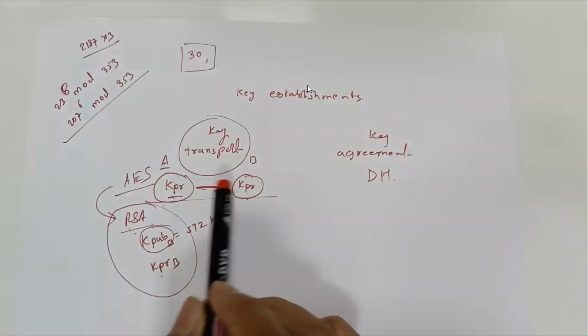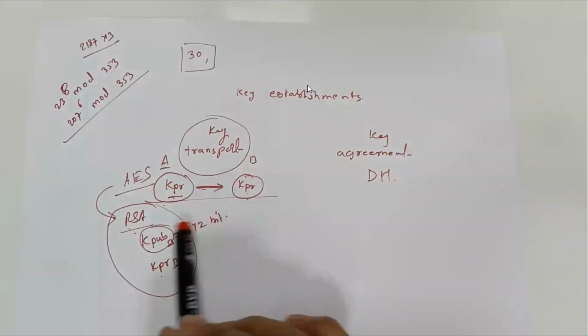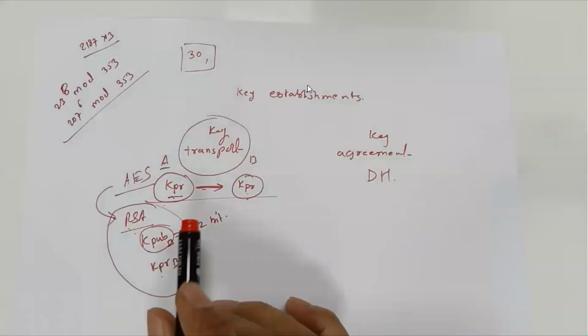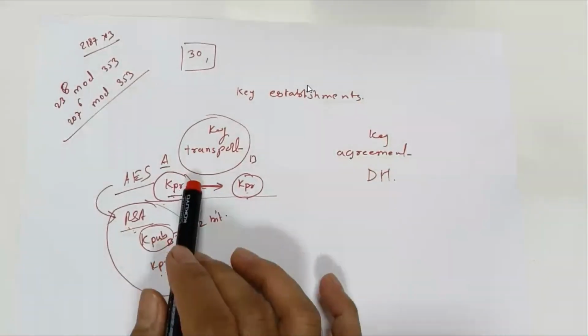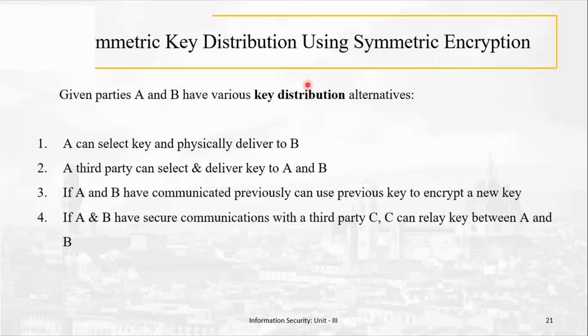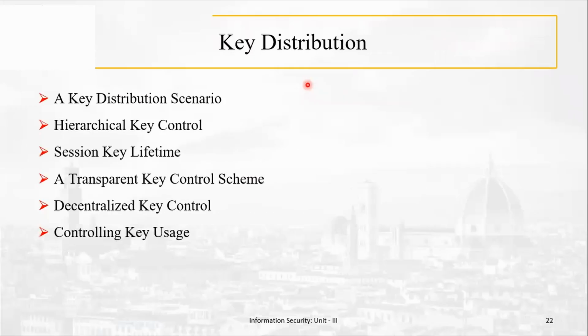You can use public key infrastructure, PKI, for distributing the symmetric key or private key. So I guess that should be it for today. Just do a self study for these terms.